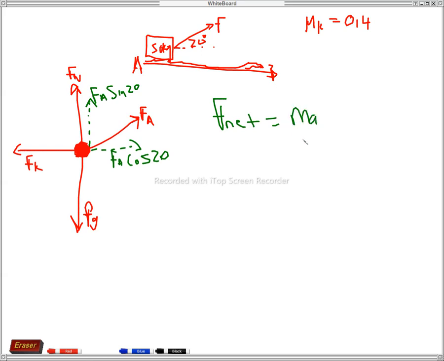For F_net equals ma, we just have to break this F_net here. When we break this F_net, we are just going to look at the forces acting in the horizontal only, and ignore the vertical forces, because they want the applied force, and the applied force is acting in the horizontal.